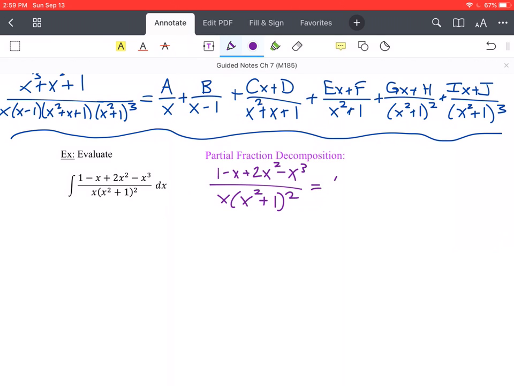So we have the lone linear factor. Now we get the repeated factors. So we have bx plus c over x squared plus 1 plus dx plus e over x squared plus 1 squared. Okay, and then we're going to multiply by the LCD to solve.